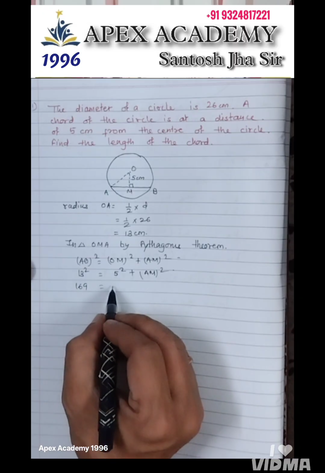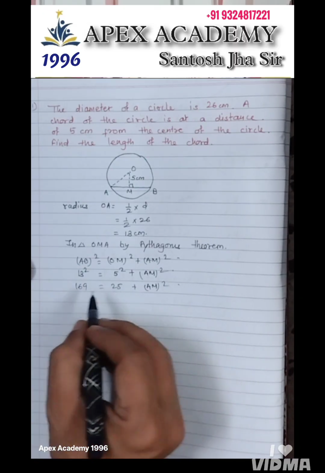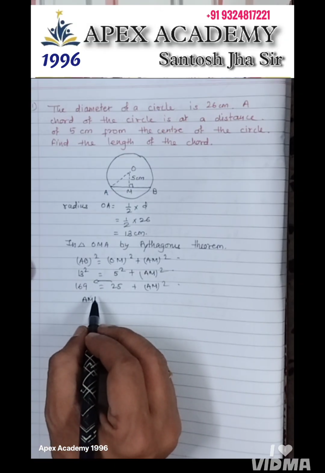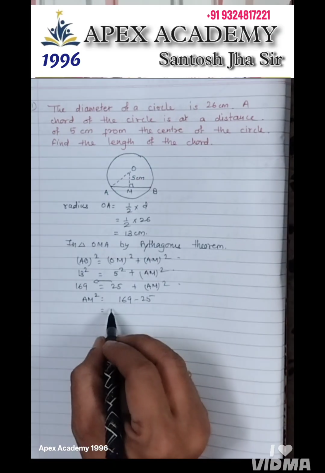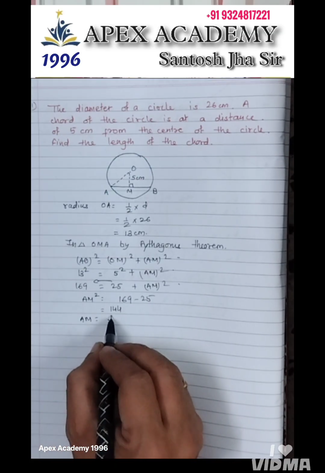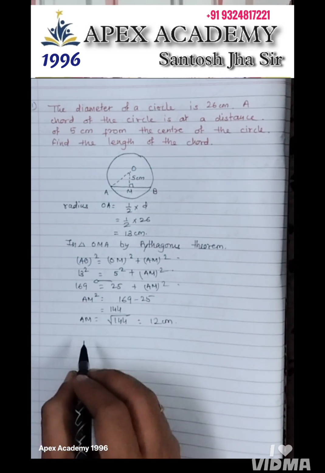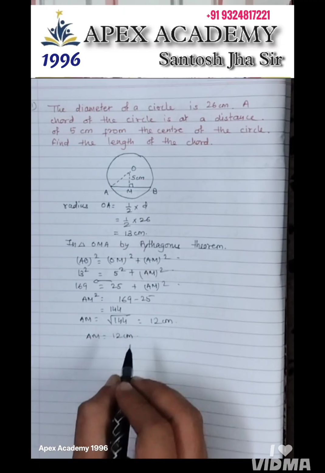This is 169, this is 25. We'll shift this 25, so AM square is equal to 169 minus 25. This is 144. So AM is root of 144, 12 cm. So finally AM is 12 cm.